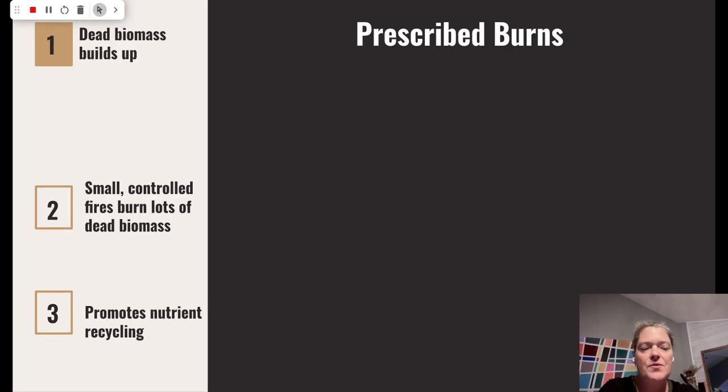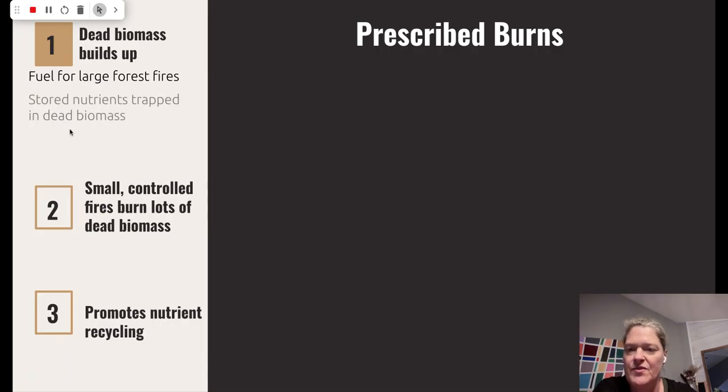We can actually do what is called prescribed burns in areas where we stop natural fires from happening. What this does is it doesn't allow for the dead biomass to build up. When dead biomass builds up, it's actually fuel that creates larger forest fires.